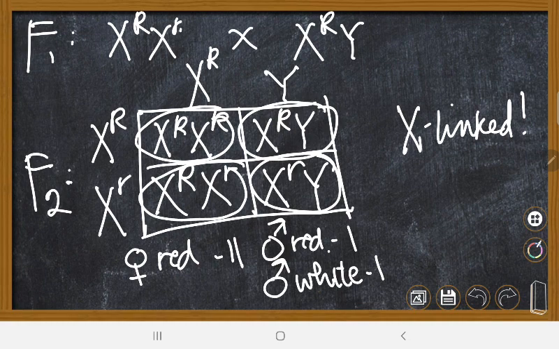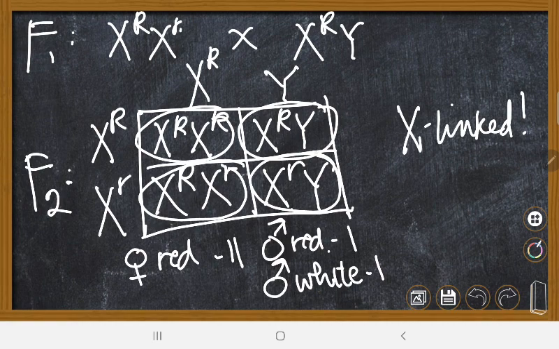So, this automatically is a red-eyed male. This here on the bottom is automatically a white-eyed male. Okay? Sa female naman, basta meron kang X big R, red-eyed yon. So, dito, sa baba, although meron kang small r, namamask naman yung effect niya ni big R. So, red-eyed pa rin yan.